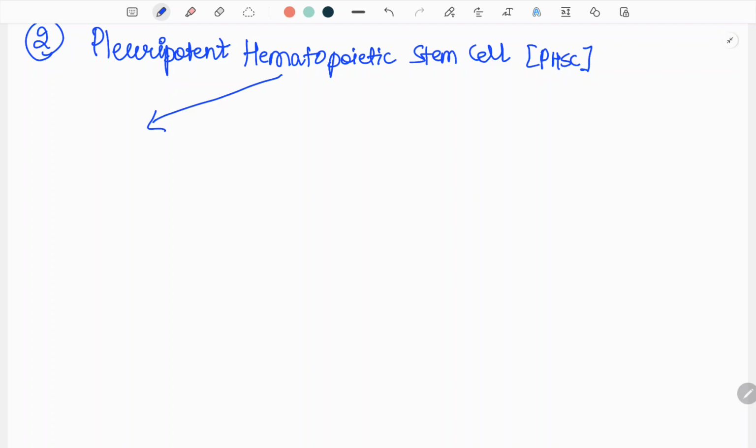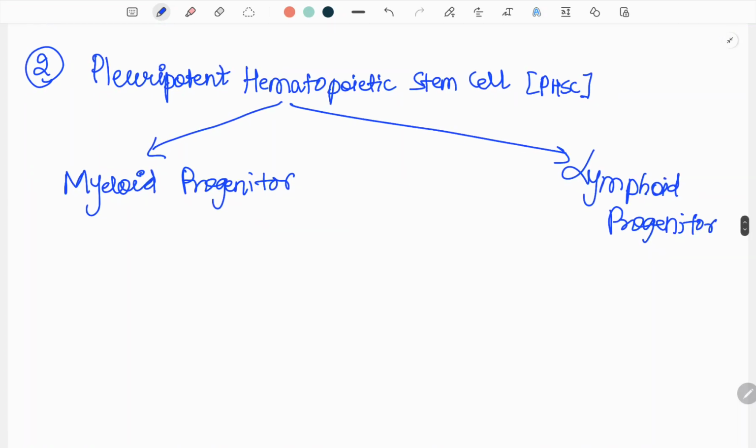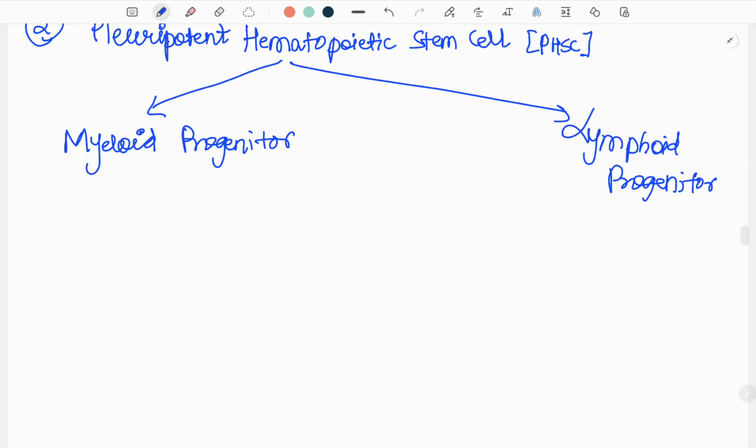Like it can form myeloid progenitor, or it can form lymphoid progenitor. Pluripotent means it can form more than one type of cell. This is the meaning of pluripotency. And stem cell means it is a germline cell. So from PHSC, myeloid progenitor can be formed or lymphoid progenitor can be formed.